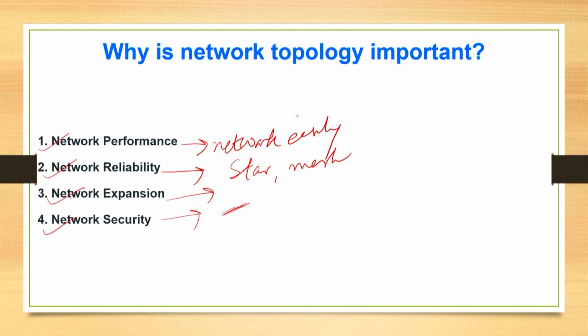Wherever there is a point-to-point connection, that provides more security. So, this is all about network topologies, the different types of network topologies and the importance of network topologies that we have discussed in this lecture. Thank you.